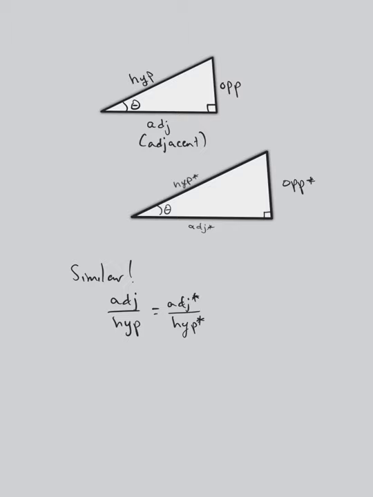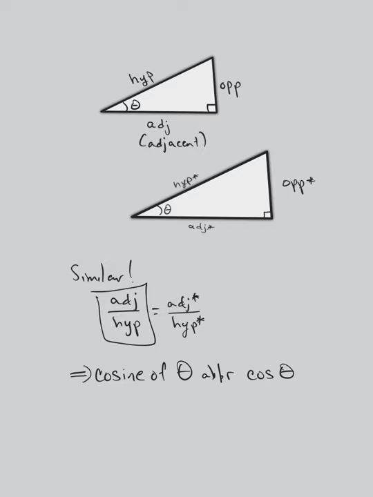So this ratio right here is common to all right triangles that have that right angle and that angle theta in them. And so we give a special name to that ratio. That's called the cosine of theta. We abbreviate that as cos theta, but we say cosine of theta.